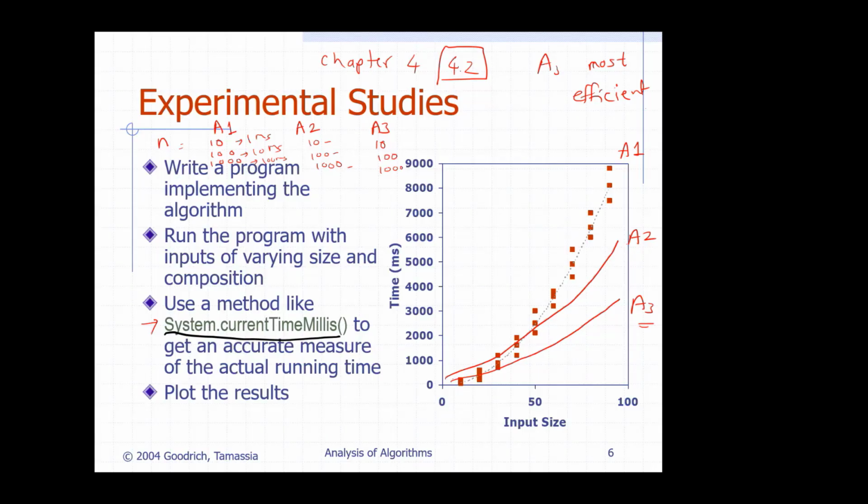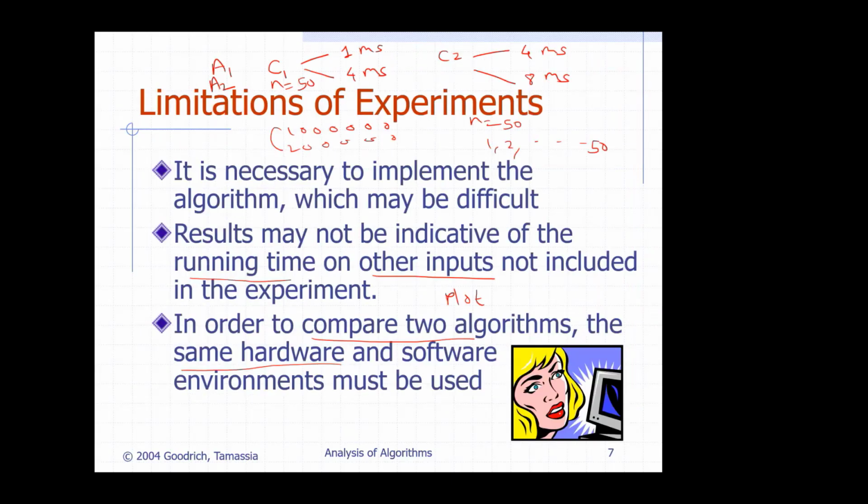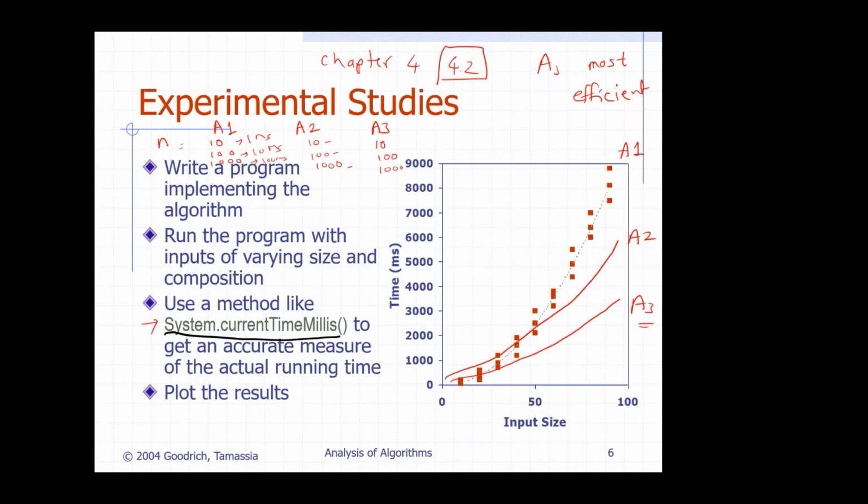This is like the experimental studies which are done in some cases, typically when you have to show that your algorithm is doing better. Typically in research studies we do it, but not in this class.